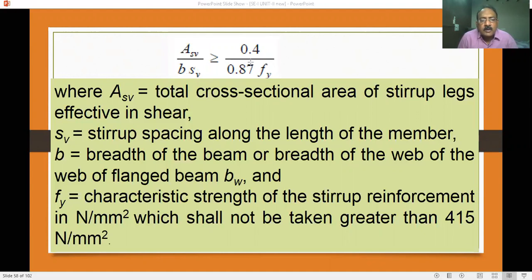This is one of the important formulas for you, not only in your university examinations but for all competitive exams, to calculate minimum shear reinforcement as per the provisions of the code book, that is IS 456 2000. So this is important, and we'll see some more important points on shear in the next video. Thank you.